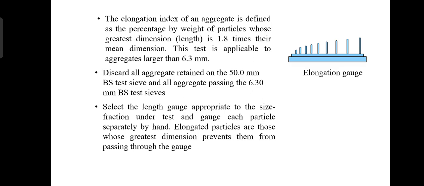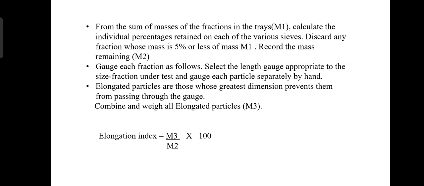Select the length gauge appropriate to the size fraction under test and gauge each particle separately by hand. The elongated particles are those whose greatest dimension prevents them from passing through the gauge. From the sum of the masses of the fractions, calculate the individual percentage retained on each of the various sieves. Discard any fraction whose mass is 5% or less of mass M1. Record the remaining as M2.